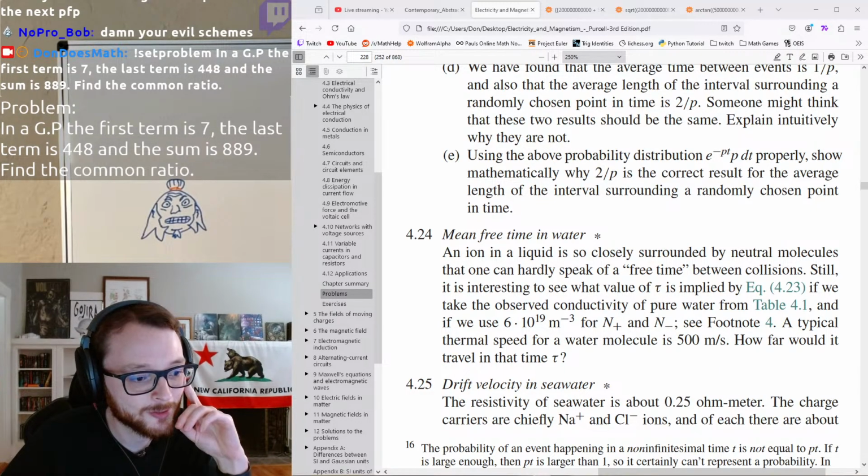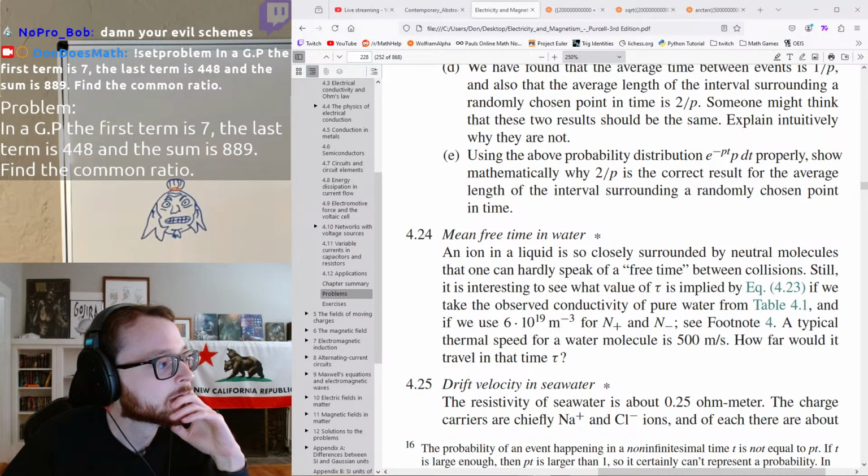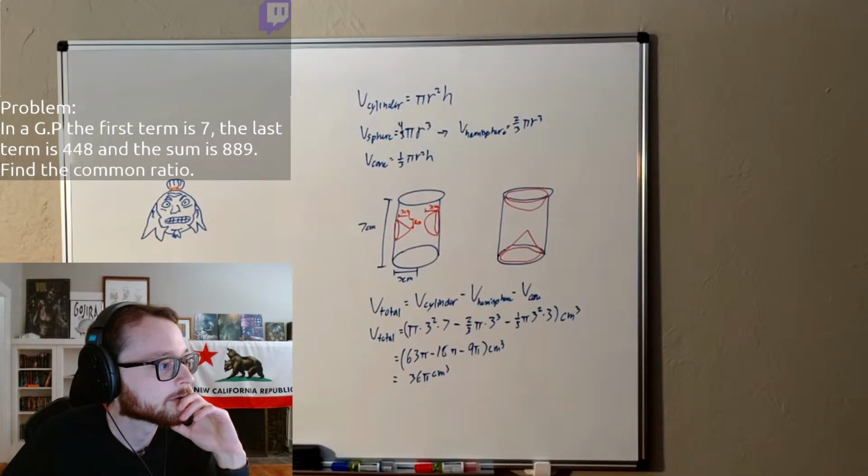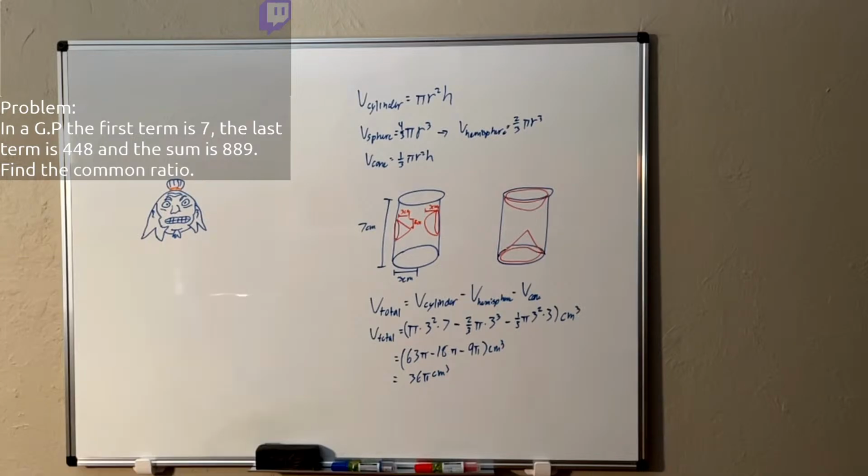In a geometric progression, the first term is 7, the last term is 448, and the sum is 889. Find the common ratio. Okay. I wonder if there's a trick. I'm gonna have to do some thinking.